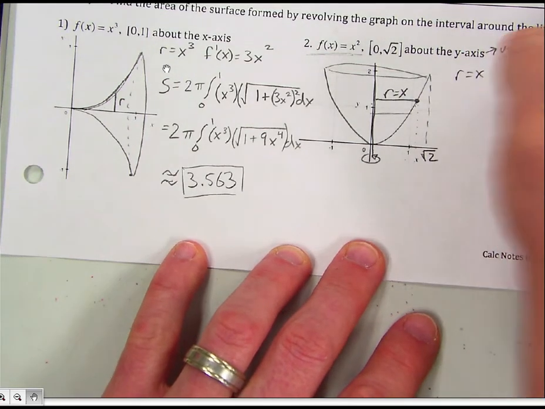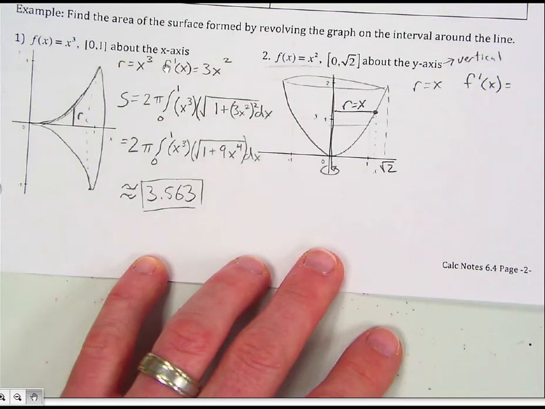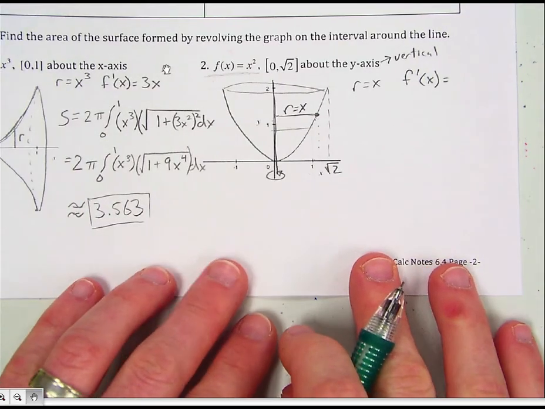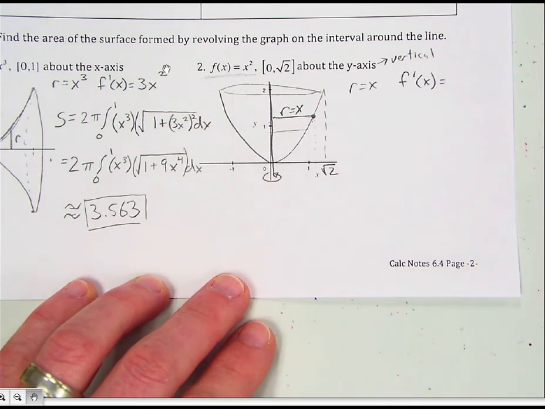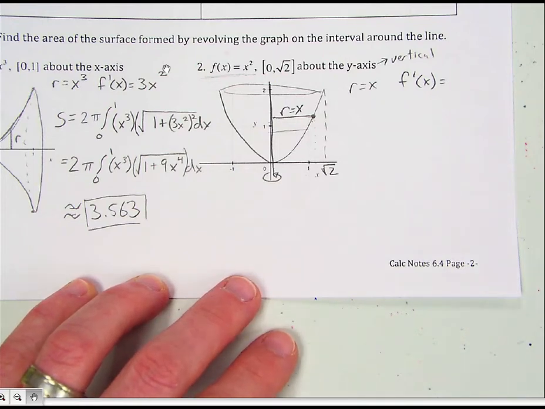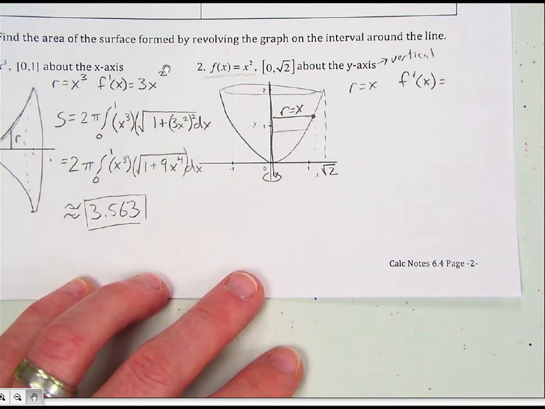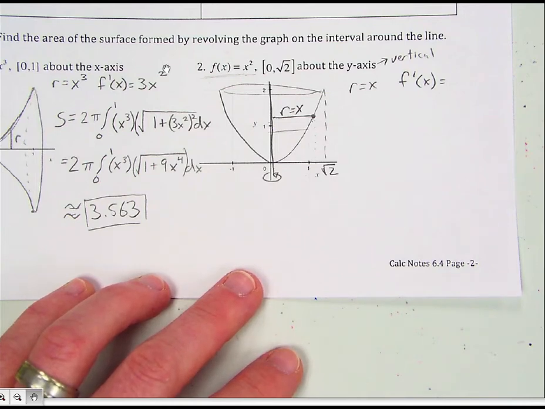Then the only other thing we need is the derivative of our function. Can you make f of x y and then solve for x or no? You could, but you don't need to. Okay. That's what's kind of nice about this one, is you still just deal with f of x. If it came f of y, then you could do it that way too.